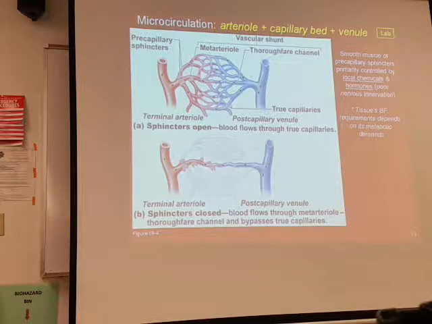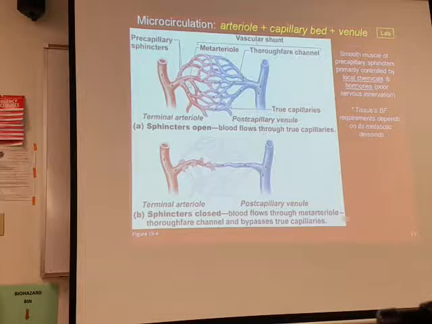If the metabolic demands of this tissue are really, really low, maybe that's why we would do that. If the metabolic demands are really, really high, completely relax those sphincters and provide that tissue with maximal perfusion.